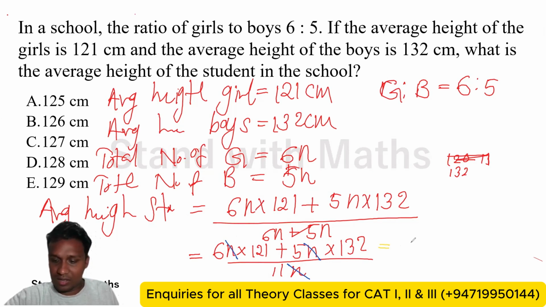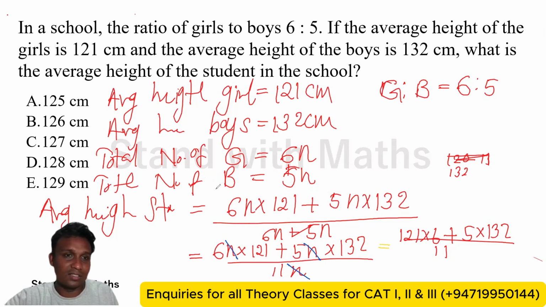So this one equals 11 into 6 plus 5 into 13 divided by 11. So again we can cancel like this. I'll show you. Here 11 means 11 into 11, 11 squared.